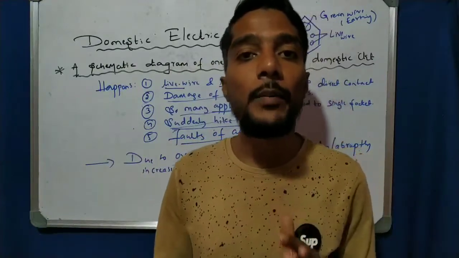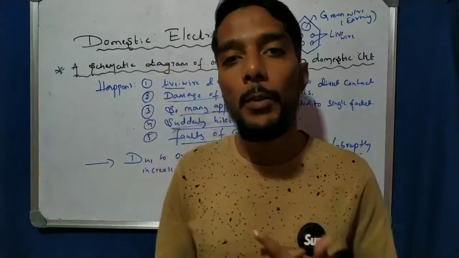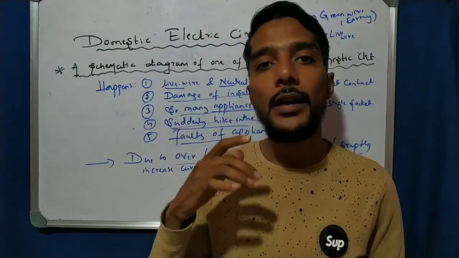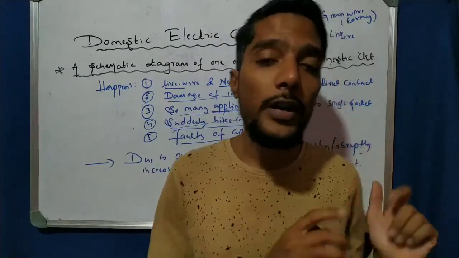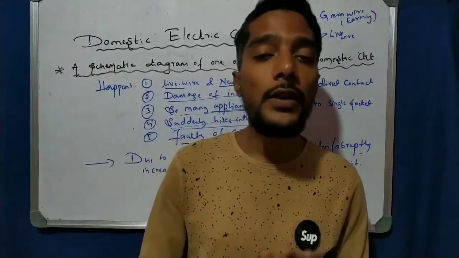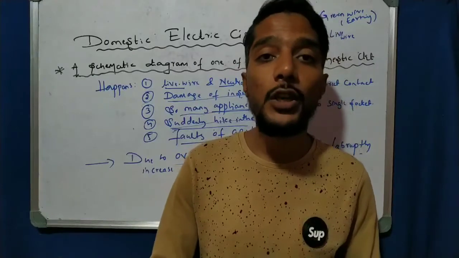The first chapter chemical reactions is completed, acid base is completed, metal non-metal is completed, then light is completed, control and coordination is completed, electricity is completed, and the last one, magnetic effect of electricity, is also completed. So these are the 7 chapters we have completed here, okay. So this is the completion of part 1.